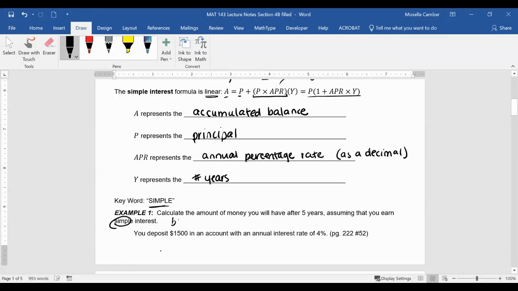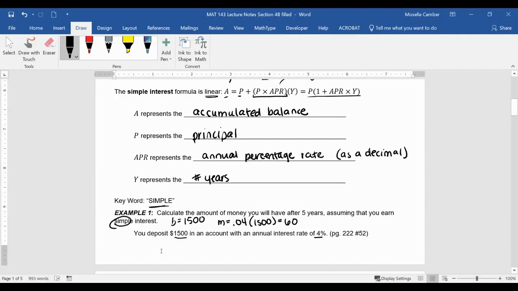So our beginning is going to be 1,500, and our slope is going to be a certain percentage of what I make. So it's APR is 4% out of 1,500. So we have 4% times 1,500, which is 60.